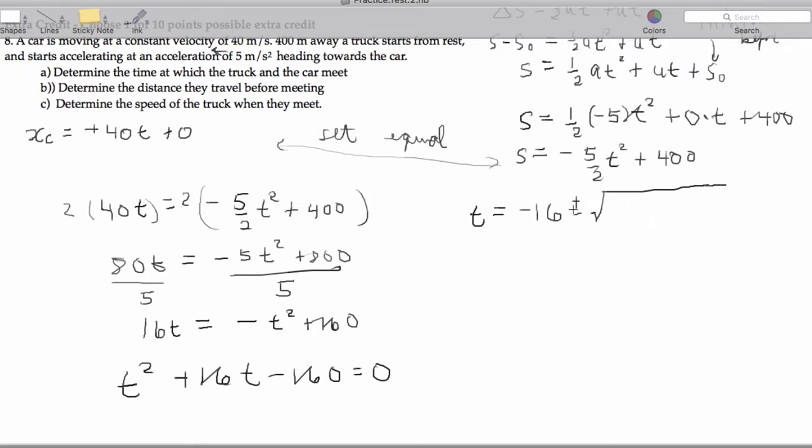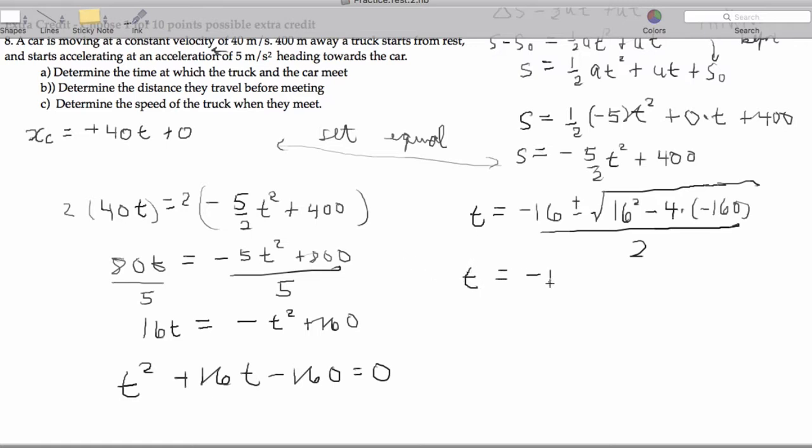Negative 16 plus or minus the square root of b squared, which is 16 squared, minus 4 times negative 160, all over 2 times 1. Now it turns out we're going to get two values for the time, and the one that we're going to keep is the positive value.